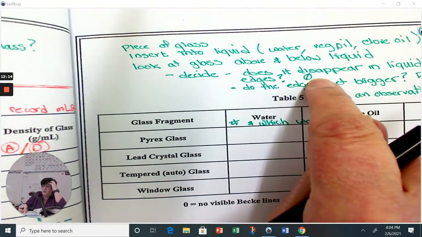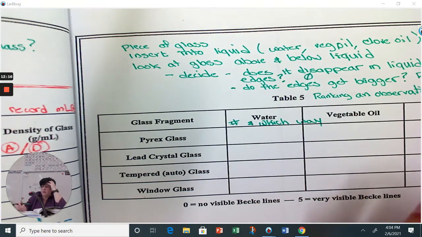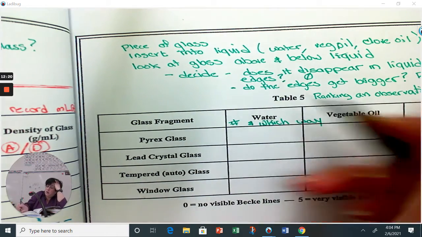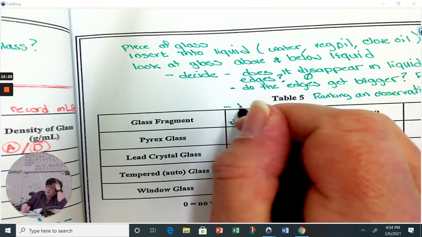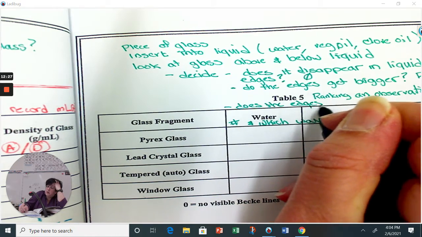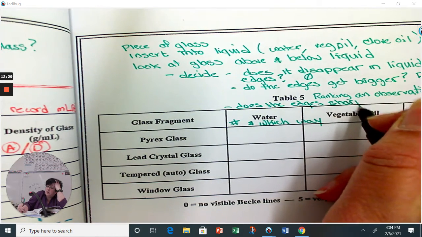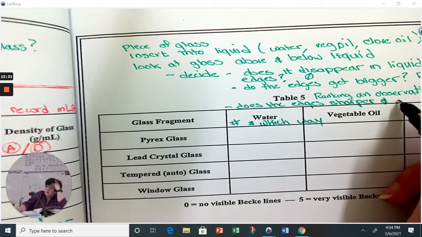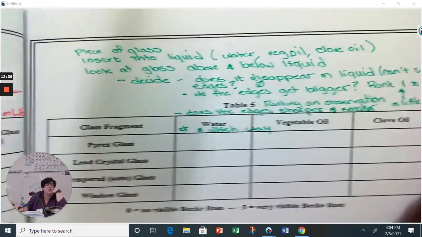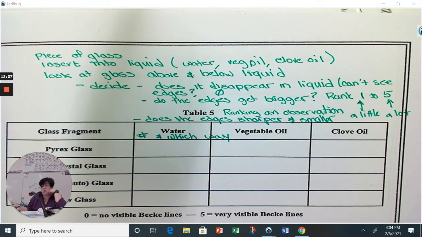And that gives you a hint about the actual value of how the glass behaves. And then I'm going to continue below. Does it get smaller? Do the edges get sharper and smaller? Again, we're ranking it. 1 is a little bit sharper, and 5 is a lot sharper.